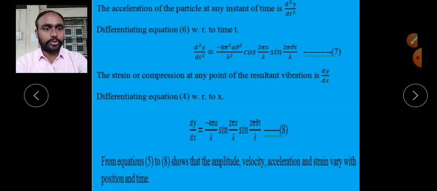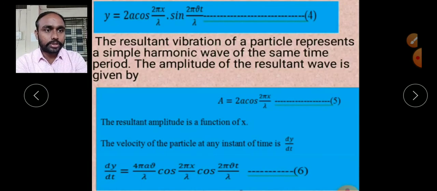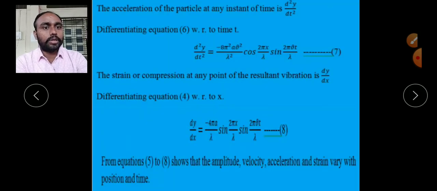Equations 5 to 8 show that the amplitude, velocity, acceleration and strain vary with position and time. Equation number 5 has the position factor x but not the time factor. Equation number 6, the velocity, has position as well as time factor. Again in the case of acceleration, position as well as time.